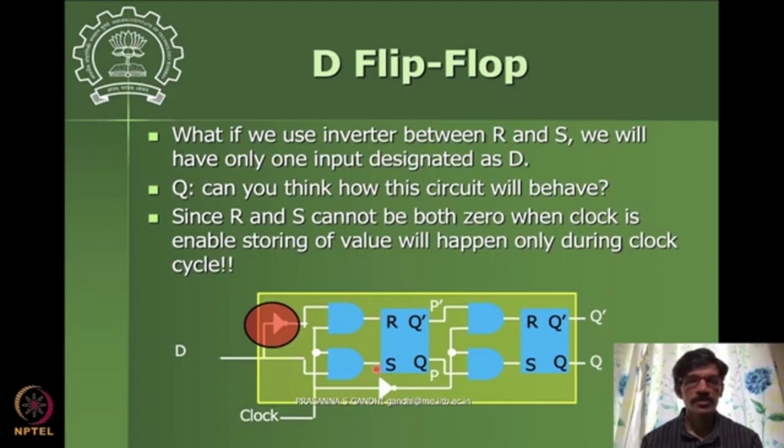That both-0 state will store the value. But then this input cannot be both 0, so either a 0 or a 1 is going to get stored, based on the input that is given at D. That is what this inverter is doing here.